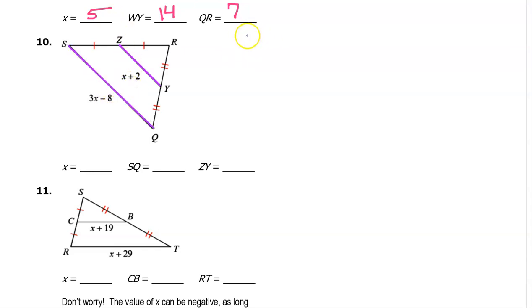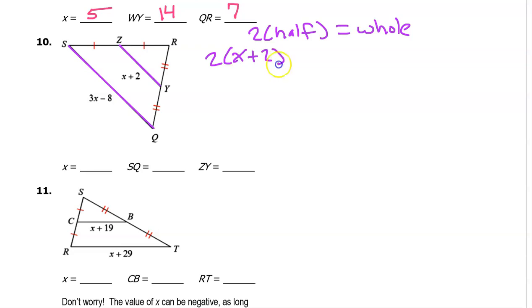So the model that we will use is 2 halves equals a whole. So that means 2 times x plus 2, that's the half, should equal 3x minus 8, which is the whole. Got to do the distributive property here, so we get 2x plus 4 is equal to 3x minus 8.